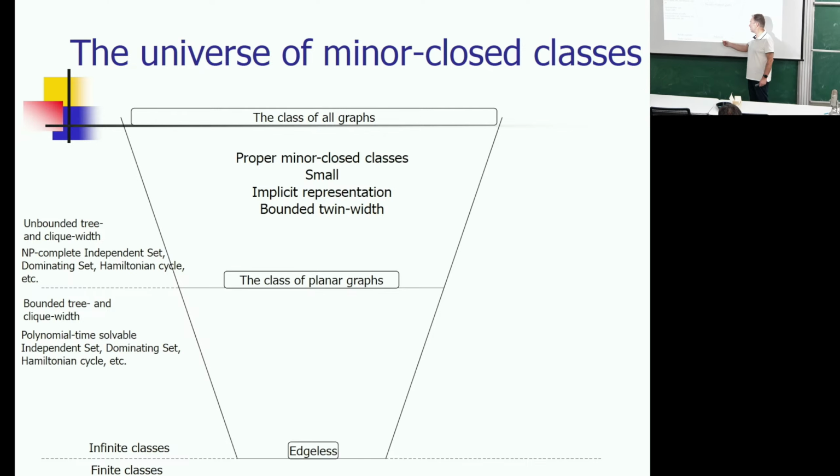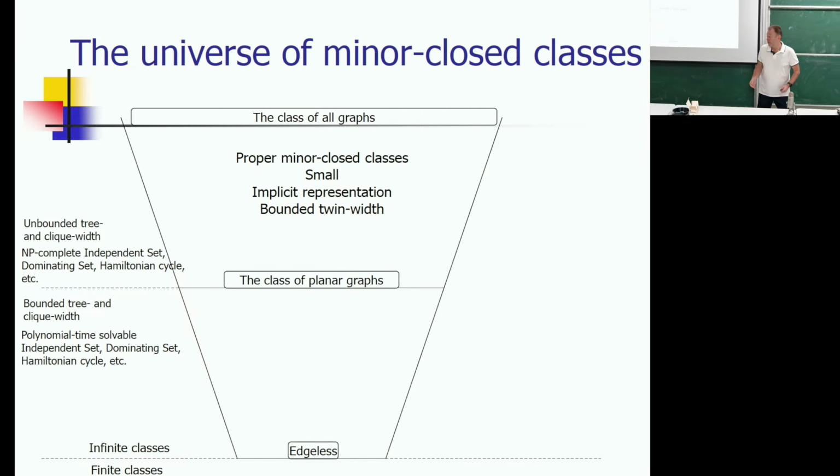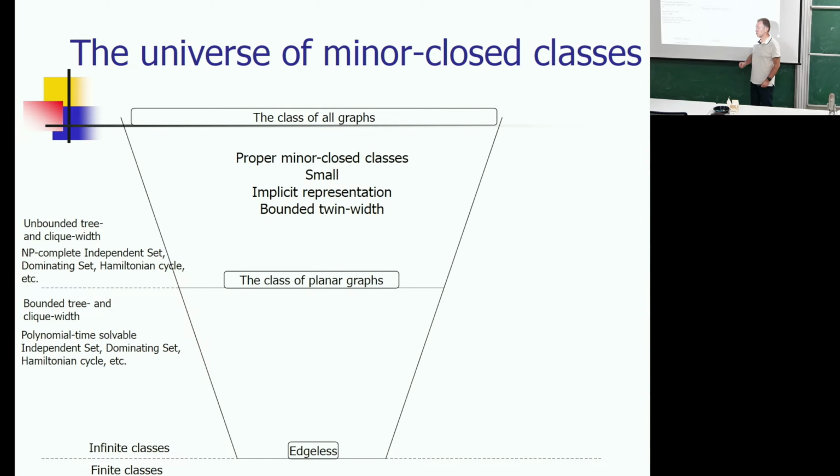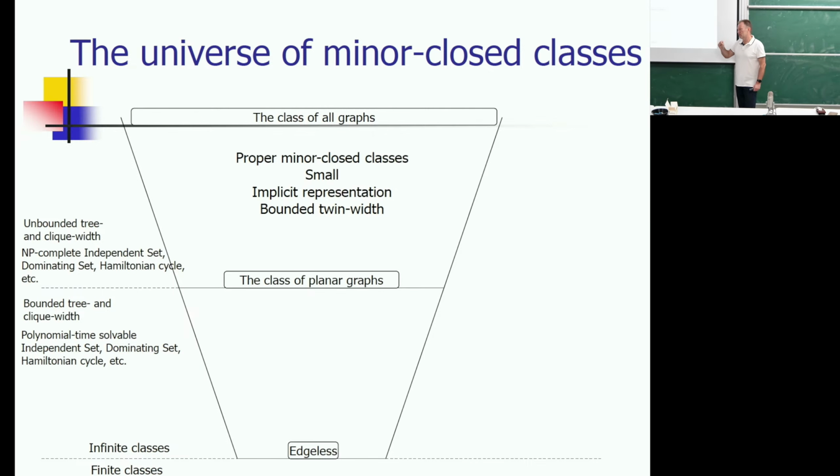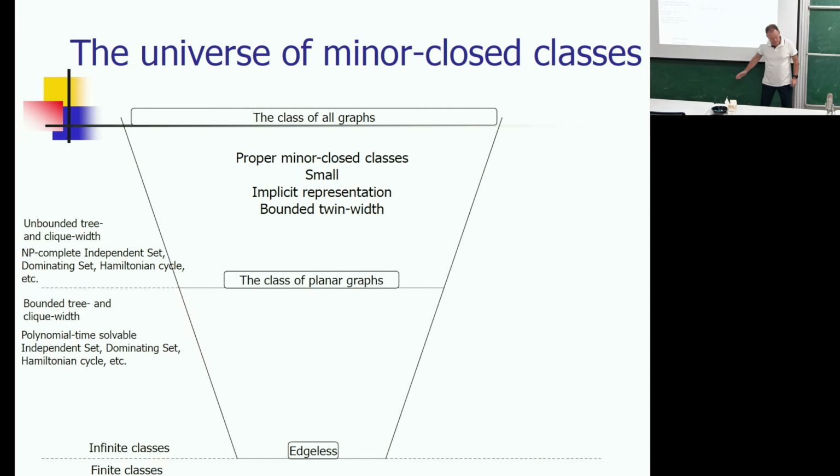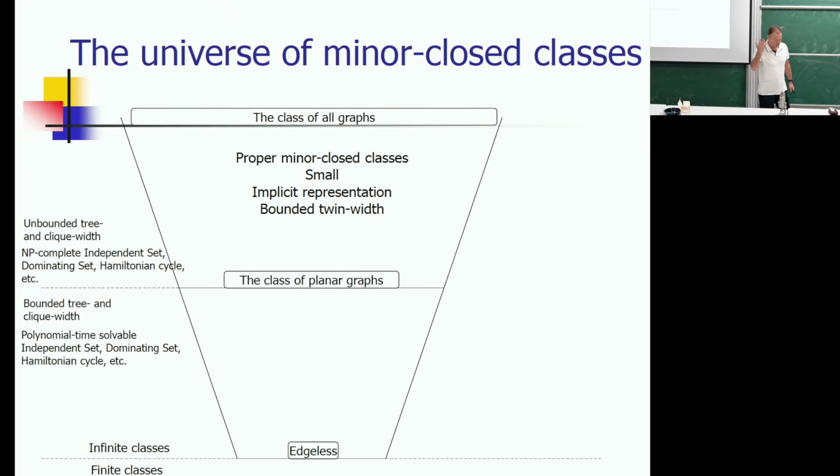So in particular, you exclude the complete graph, and therefore it's a finite class. So in a sense, this class is critical for the very basic parameter, the number of vertices. In any minor closed class containing all edgeless graphs, the number of vertices can be arbitrarily large, and in any minor closed class excluding at least one edgeless graph, the number of vertices is finite.